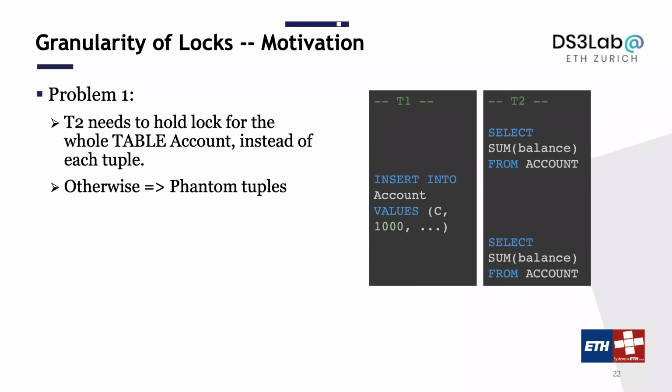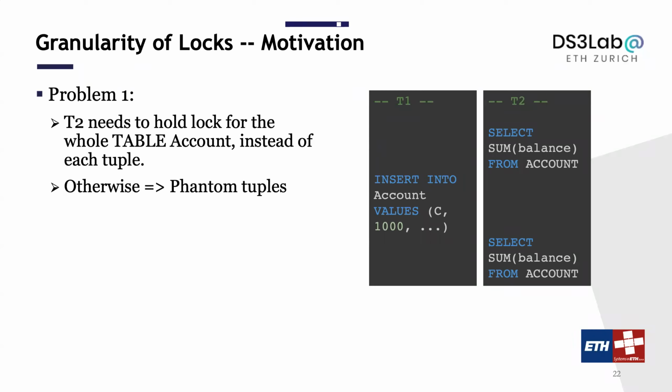The problem you have here is that whenever T1 is inserting tuples, T2 doesn't hold a lock on those tuples, which means that if you do tuple-level locking, the following thing can happen. I allow you to do one aggregation on this table, and I still hold all those locks on those tuples.